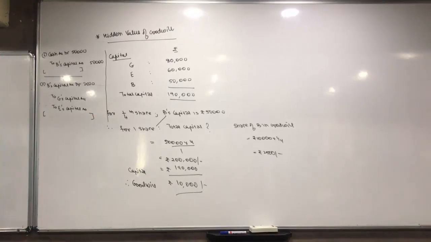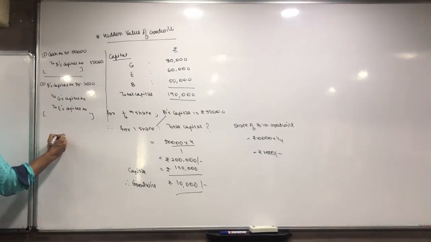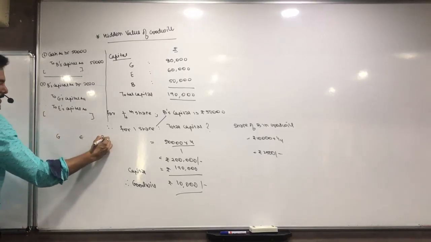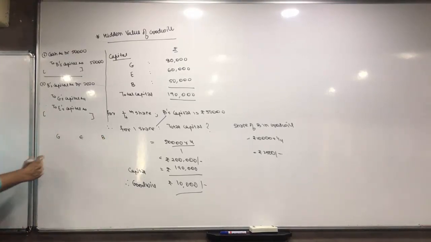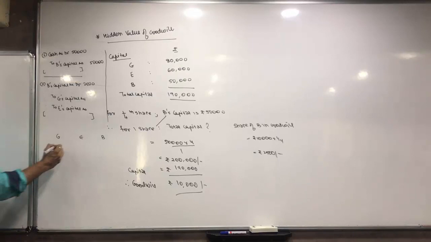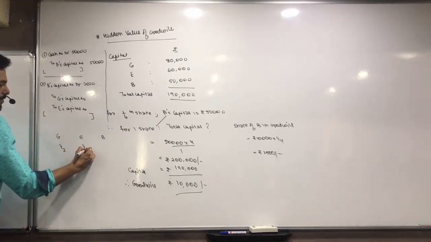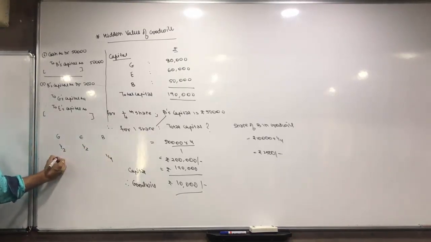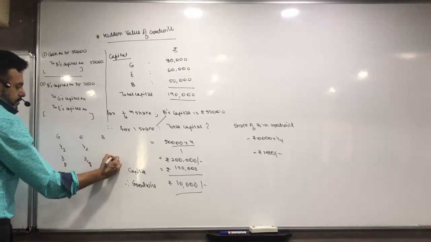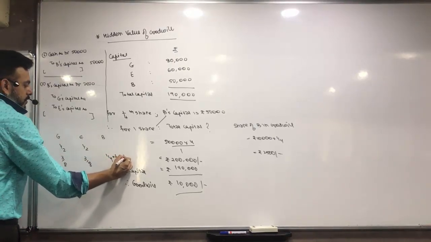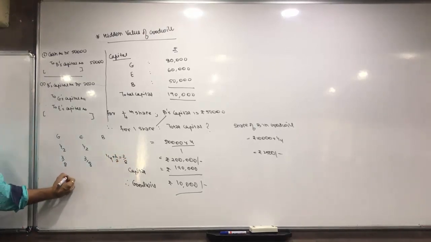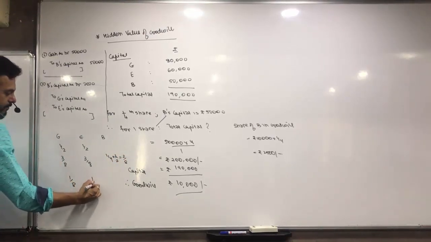Now we have not found the sacrifice ratio, so let's find out for G, E and B. Old ratio, is it given? Old ratio is not given, so it will be the same, equal. B gets 1/4, so 3/4 remains, so 3/8 and 3/8, and 2/8. New ratio: 3/8, 3/8, 2/8 against old 1/2, 1/2, so sacrifice is 1/8 and 1/8.